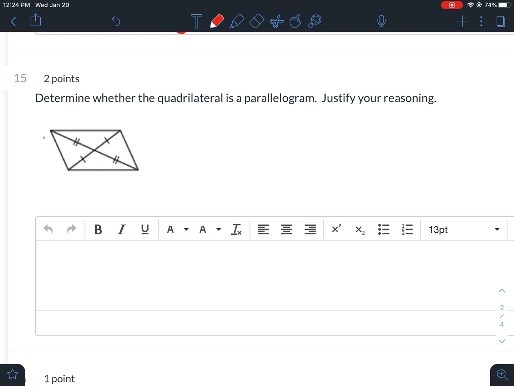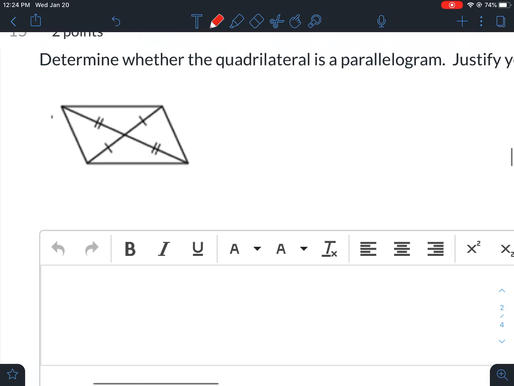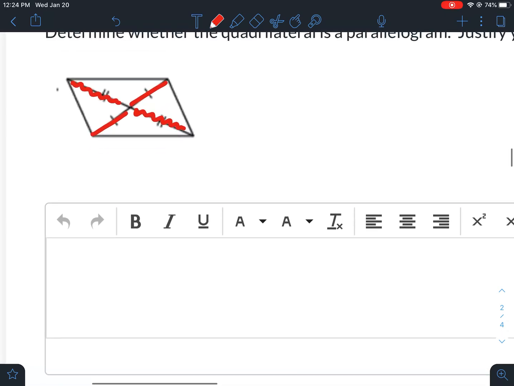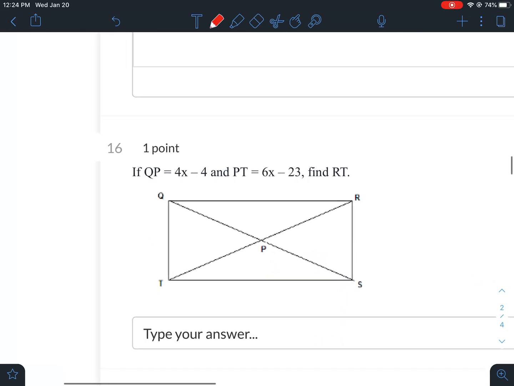So opposite sides are parallel, opposite sides are congruent, opposite angles are congruent, consecutive angles are supplementary, or your diagonals bisect. Well, here, my diagonals are bisecting. That is equal to that. That one is equal to that one. Because our diagonals bisect, that one is good.